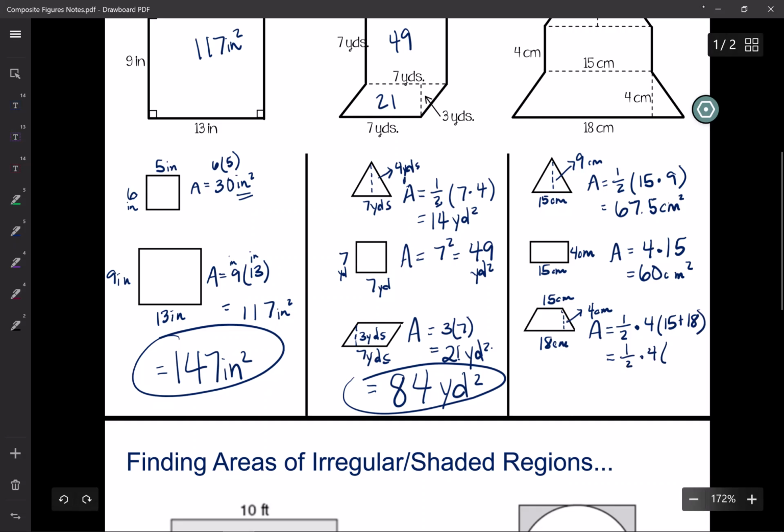So this is 33 times 4, which is 132, and half of 132 is 66.